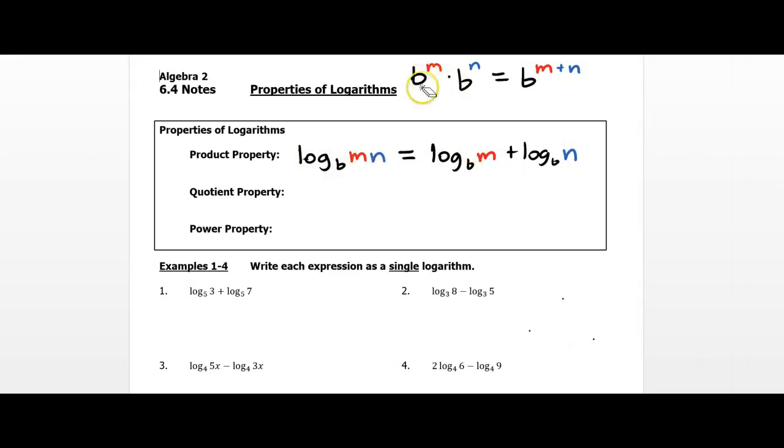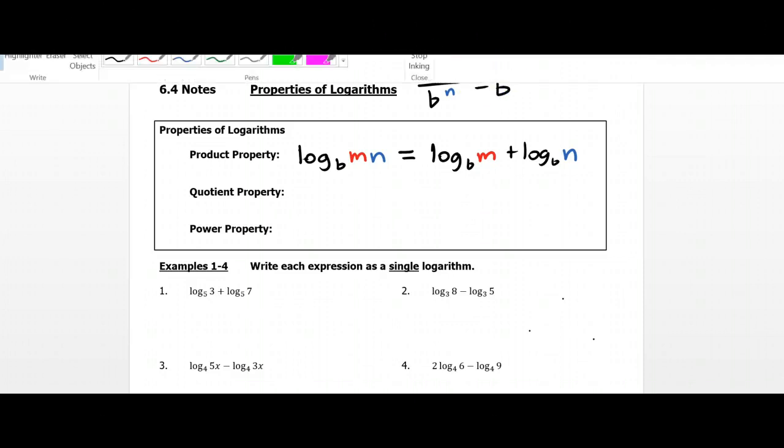Okay, quotient property is going to look pretty similar as well. If you remember, quotient property for exponents says if I'm taking two powers, same base, and I'm dividing, so b to the m divided by b to the n power, that's when I subtract my exponents. So that would be the same as b to the m minus n power. Well, same thing works for logs.